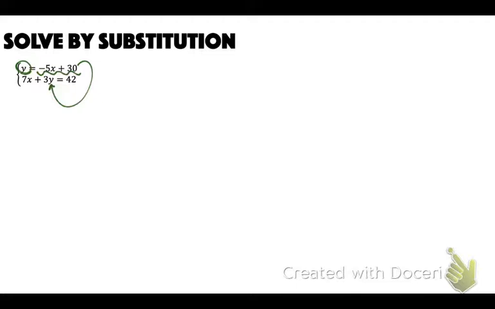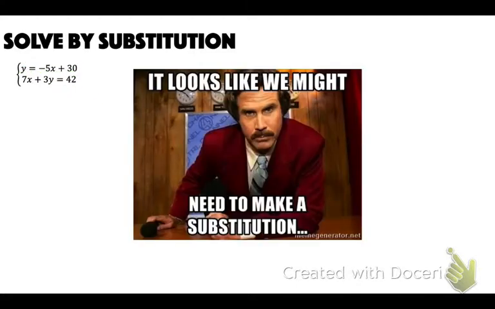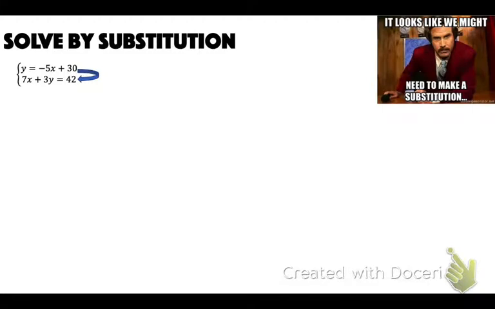If we use substitution here, I'm going to take that y variable and plug it in for y in the second equation. That's going to look like 7x plus 3, and then this negative 5x plus 30 just replaced this y, which is why it got put in right there. And that equals 42.